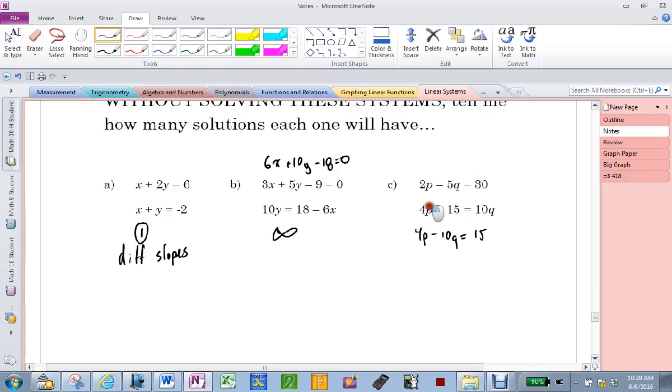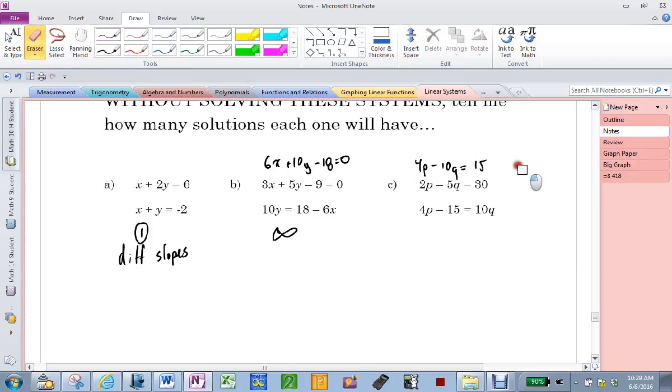No, because this is 4p minus 10q is 15, yeah? So is this going to move for me? Is it the same line, yeah? So if it's the same line, they're right on top of each other, so it's infinite.